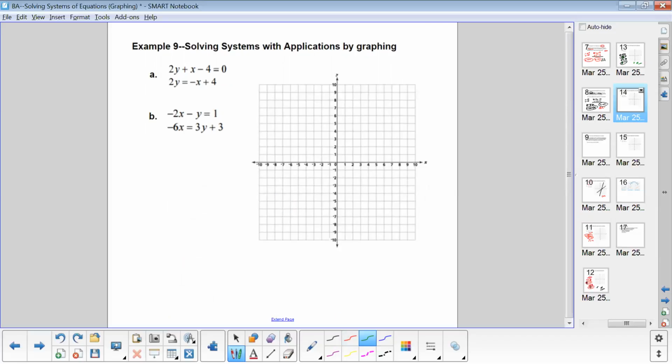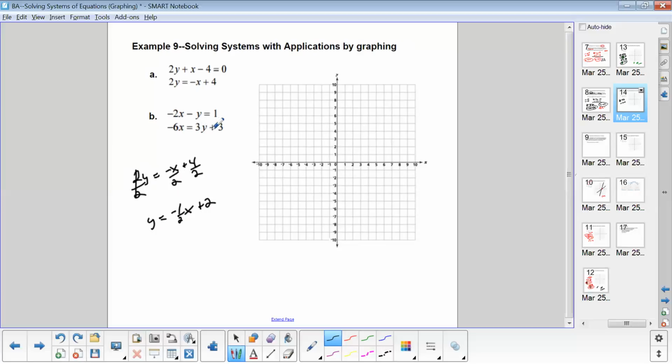Number 9, part A, I'm going to solve for y, so 2y. I'm going to subtract the x and add the 4. So I'm going to subtract x to the other side and add 4. And then I'm going to divide by 2. And so y equals negative 1/2 x plus 2.